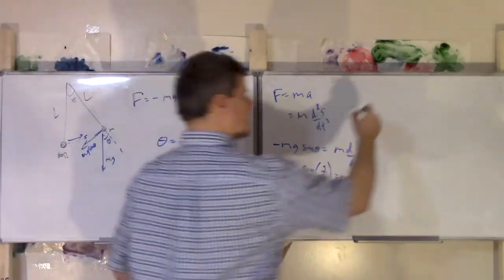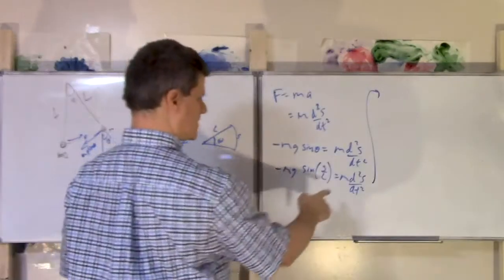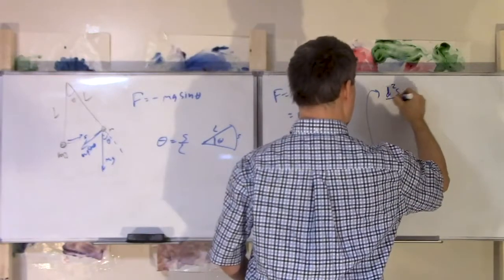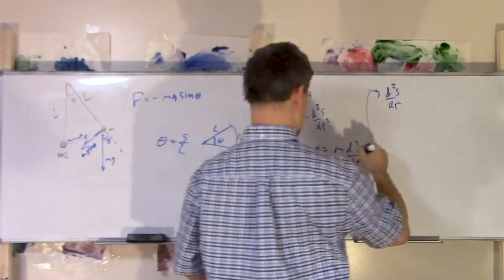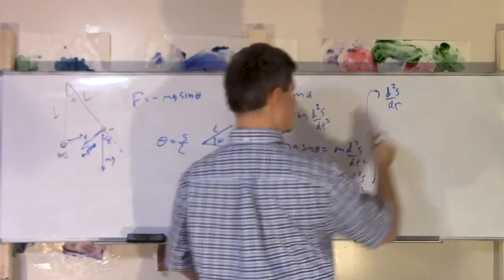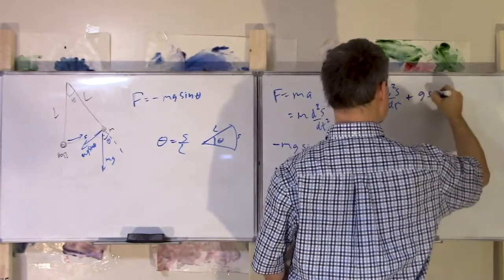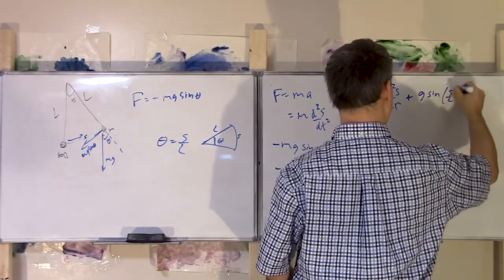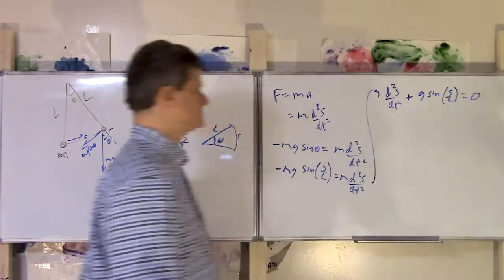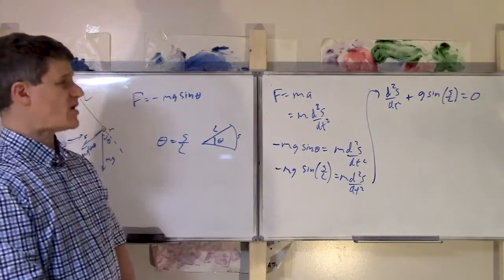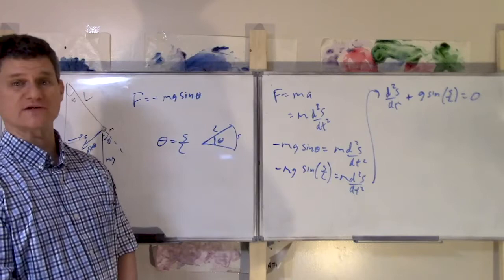So let's put it into a kind of usable form, and we get d squared s dt squared, the m's cancel out, plus g sine of s over L equals 0. And we notice that it's almost in the form that we had before for a mass on a spring.